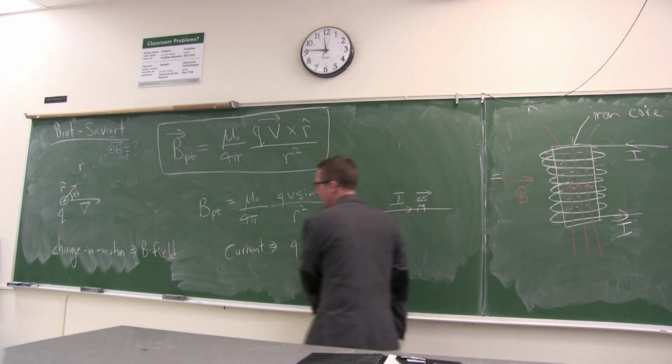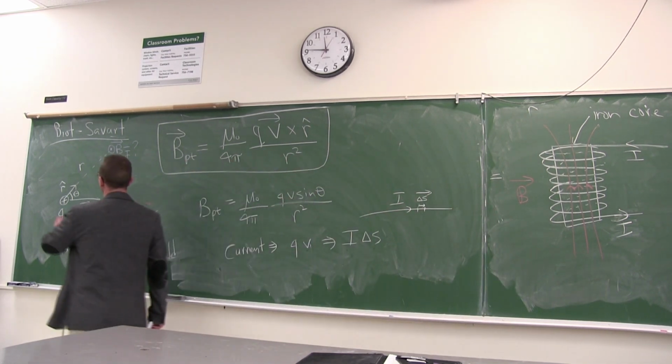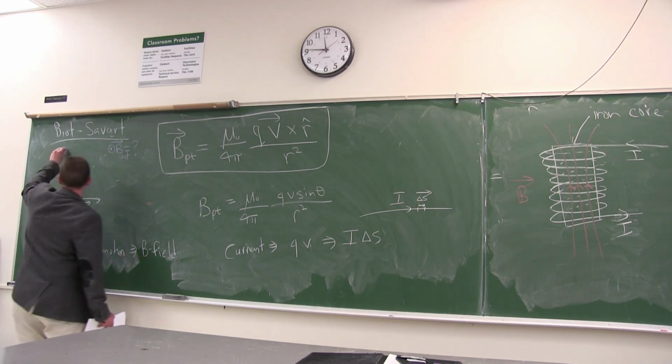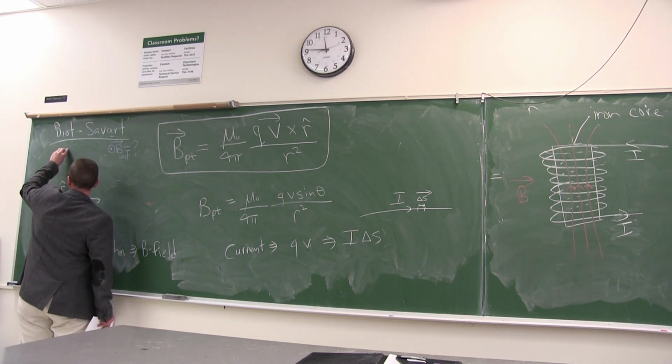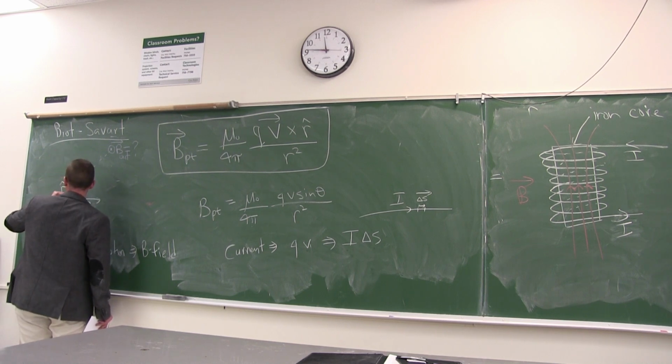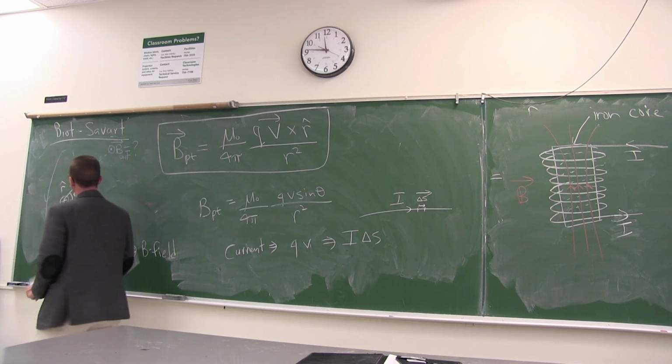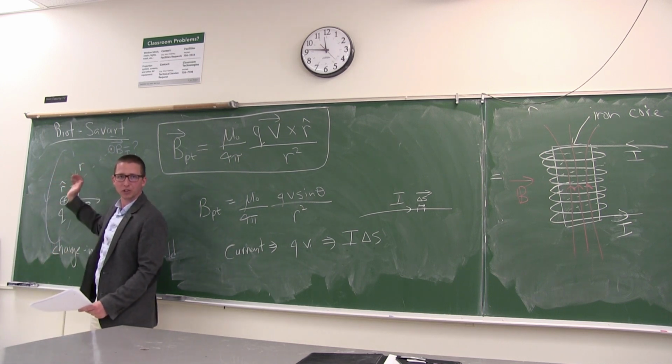Okay, good question. It's kind of hard to draw here, but the field due to a point charge would circulate around the charge. It circulates around the charge like that.